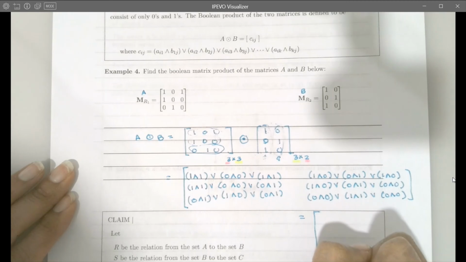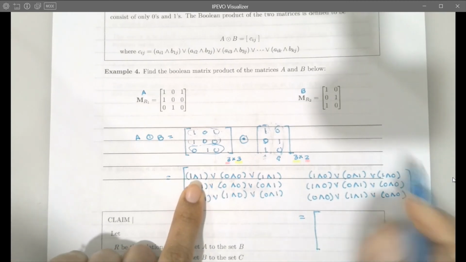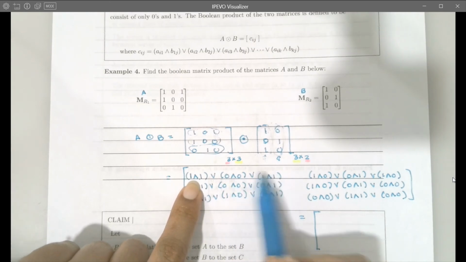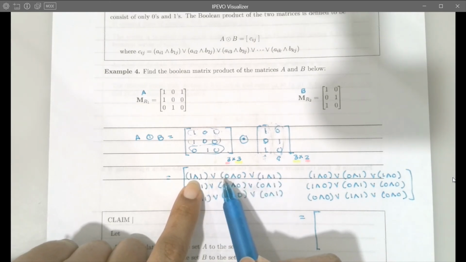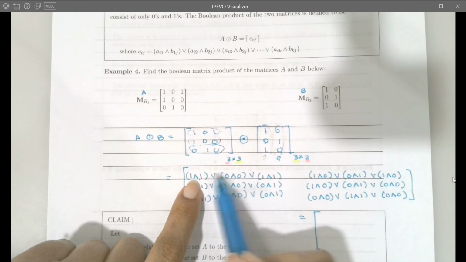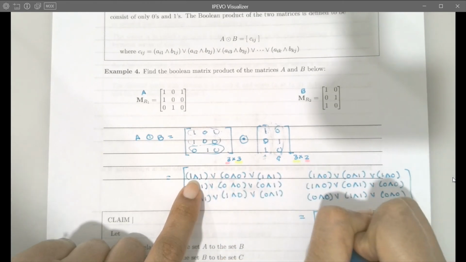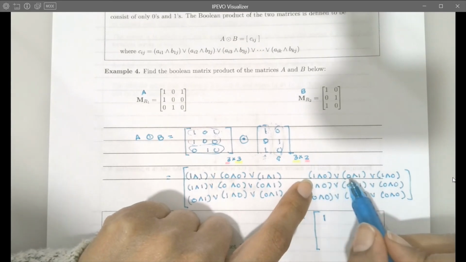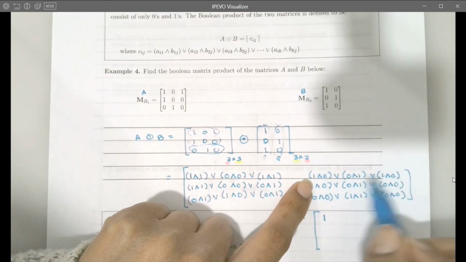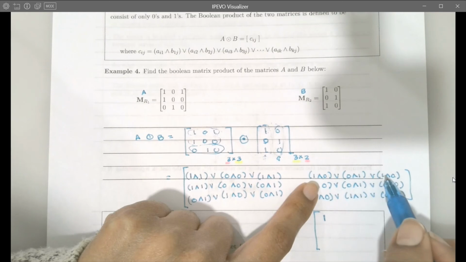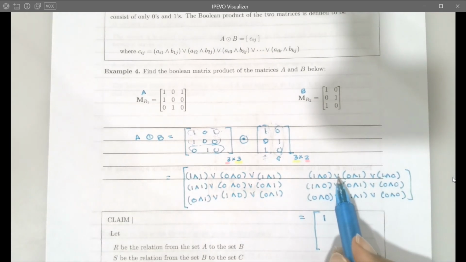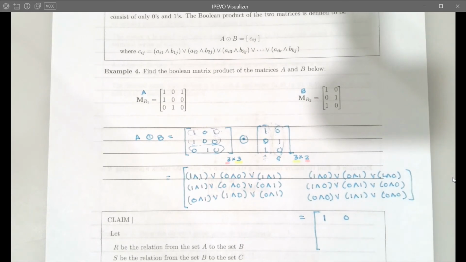Well, we're going to have 3 rows, as we mentioned earlier. This one is going to evaluate to a 1, and the rest doesn't really matter what it evaluates to because this is a disjunction. So as long as I have a 1 as part of the disjunction, I'll end up with a 1 in the result. Then here, nothing evaluates to a 1. We have this is 0, this is 0, this is 0. So 0 or 0 or 0 will give us a 0.